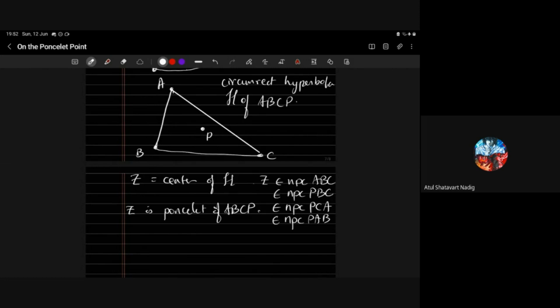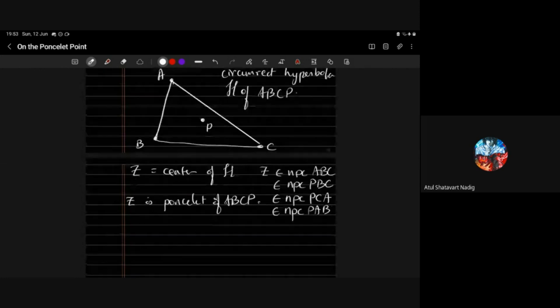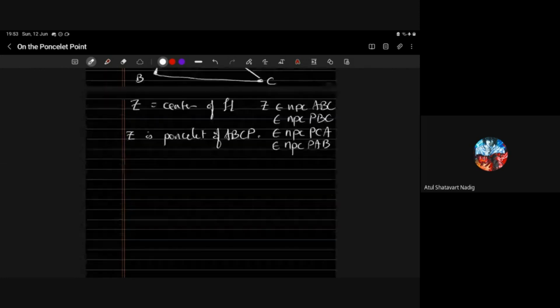Okay, so now we can kind of prove a result. Fontenay's theorem. I don't remember which Fontenay theorem this is.